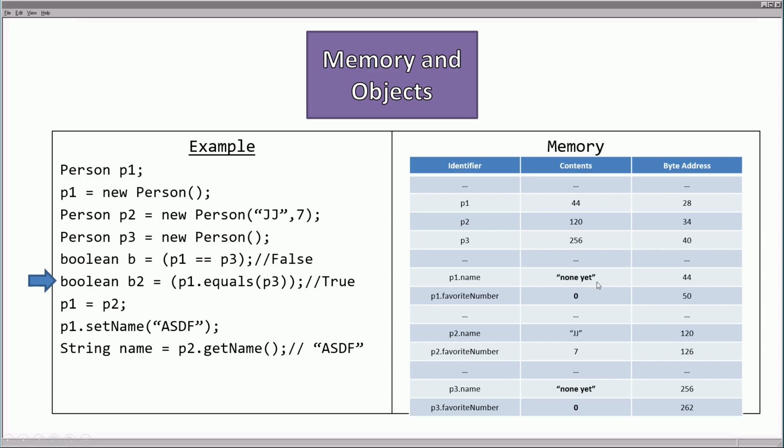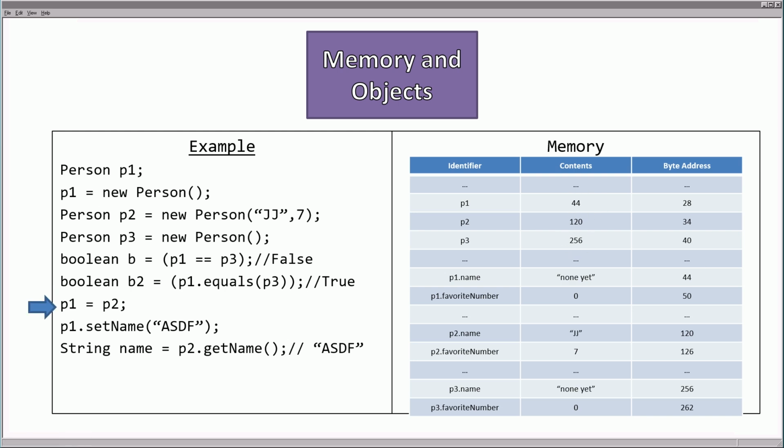So P1.name is equal to P3.name. Similarly, 0 as a favorite number is also equal to 0. So using the dot equals method, it says the contents of these two objects are the same. But by using double equals, it indicates that these are two different instances of these objects found at this memory location and this memory location.